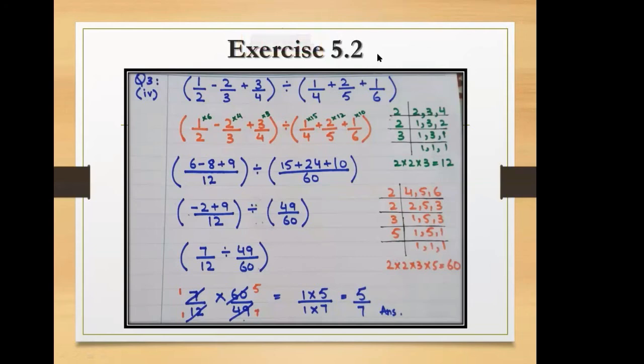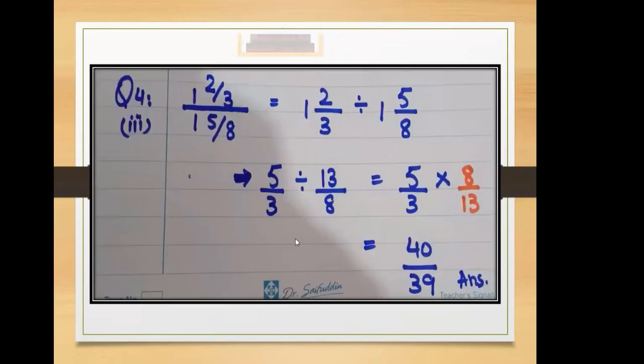Okay, now example number 2, question number 4, part 3. This question is from the exercise, and it is related to complex fractions. We have a mixed number in the numerator and a mixed number in the denominator. First we have to convert this fraction line into the sign of division. Now the question is in the form of mixed fractions.